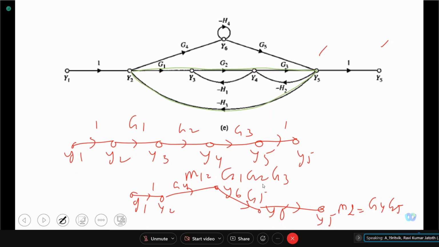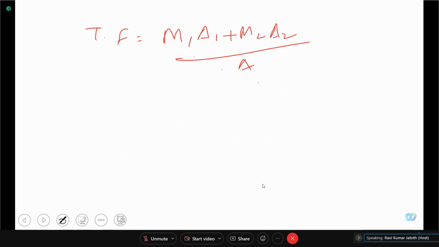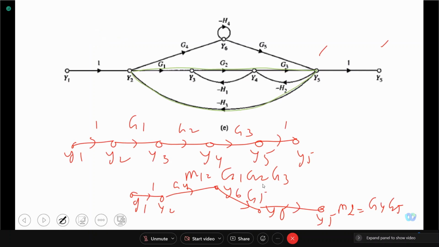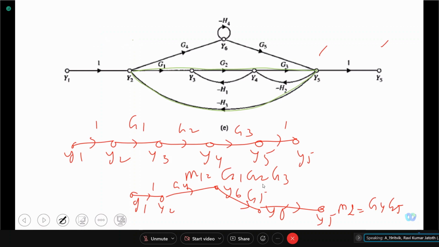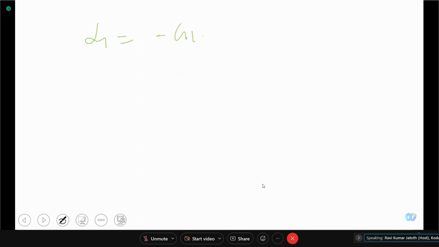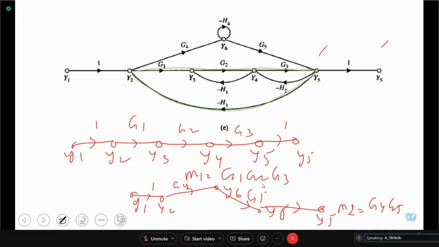So loop gain L1, tell me. G1, G2, G3, H3, minus. So minus G1, G2, G3, H3. That is L1. And coming to L2, we have to draw it here.